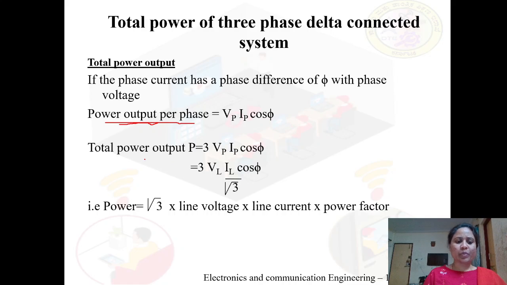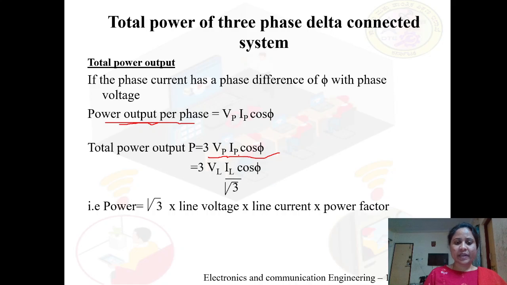So the total power output for the three phases, we know that power output of each phase is equal, so multiply that with 3. Therefore, it is equal to 3 times the power of each phase, which is Vp Ip cos phi.